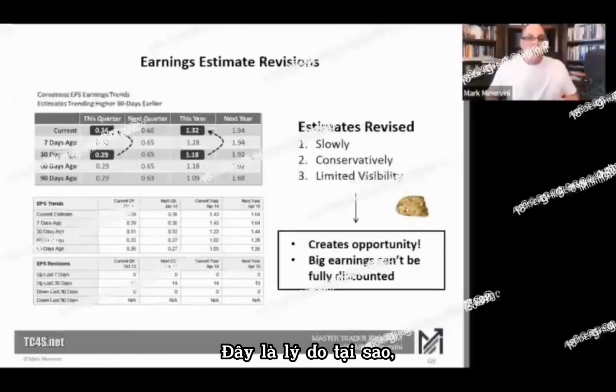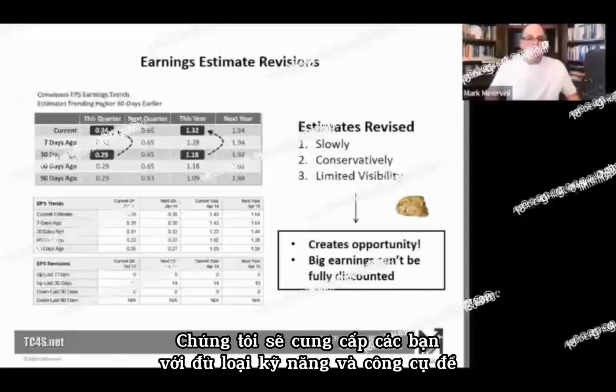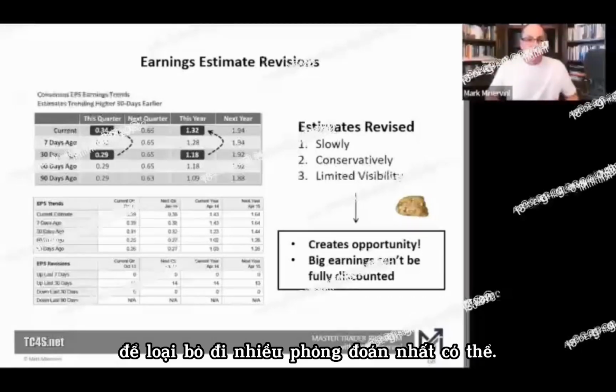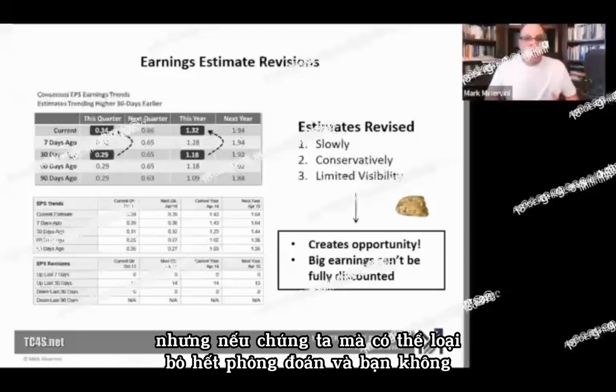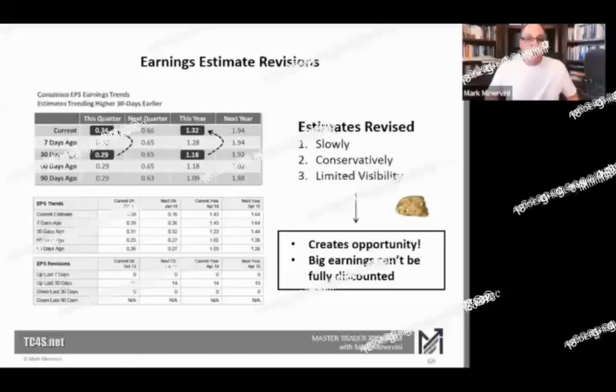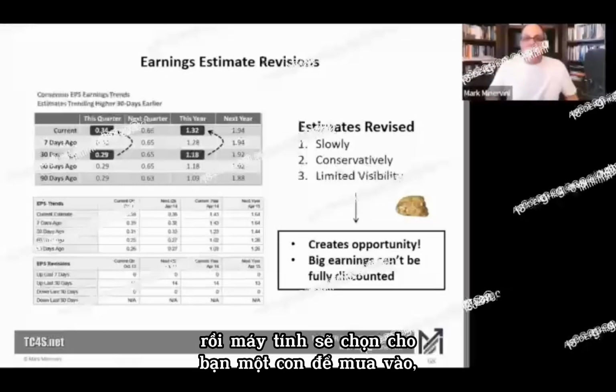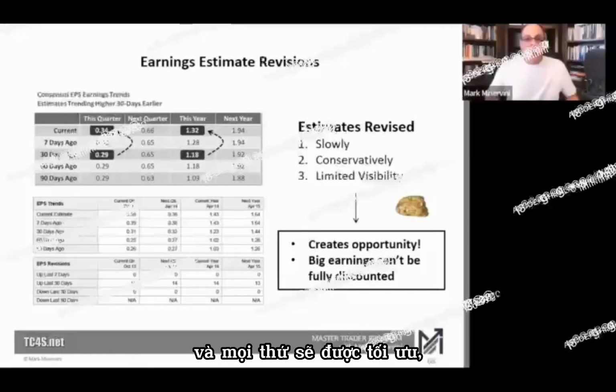That's why this is in large part an art. We're going to give you all types of techniques and tools and a strategy to try to eliminate as much guesswork as possible. But if we could eliminate all the guesswork and you didn't have to do any real work and have skill involved, there would be no opportunity. You just put it in a spreadsheet, you hit a button, the computer would pick the stocks and trade them, and everything would become efficient.